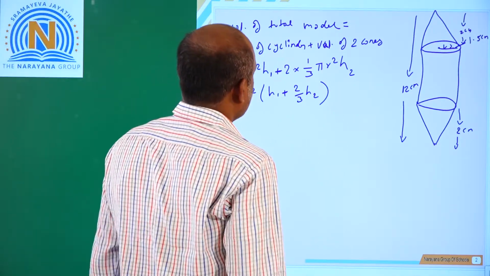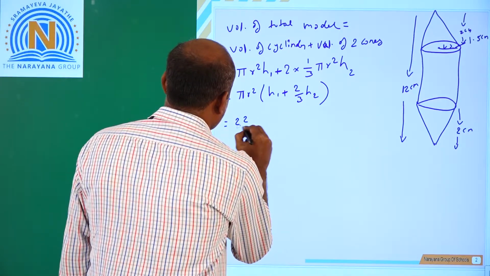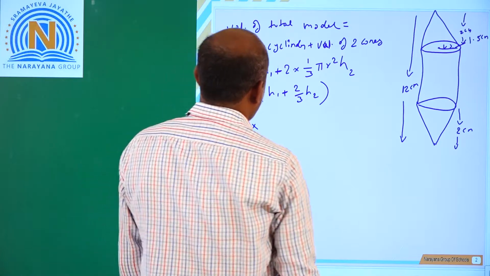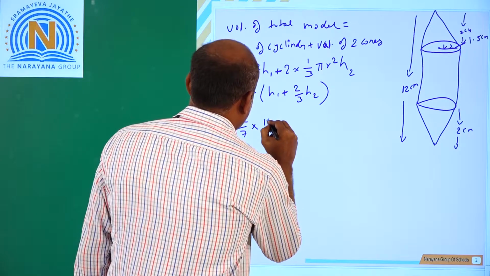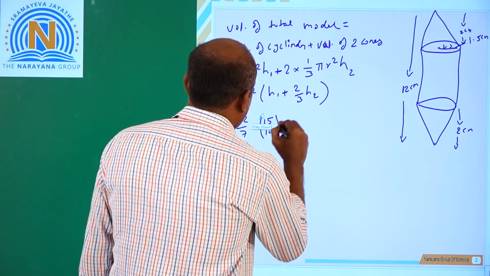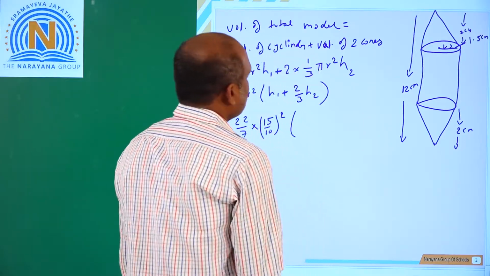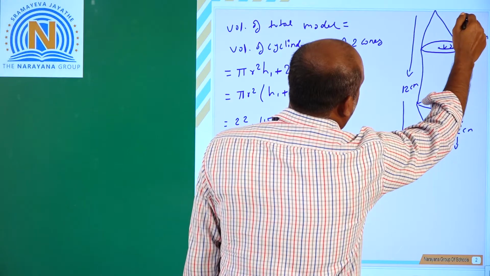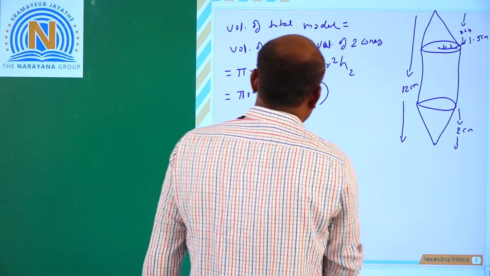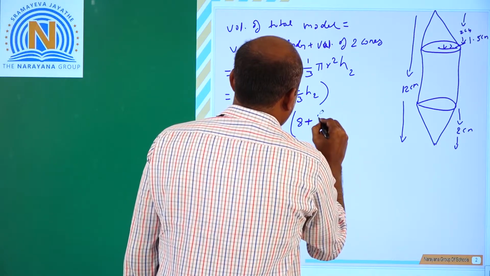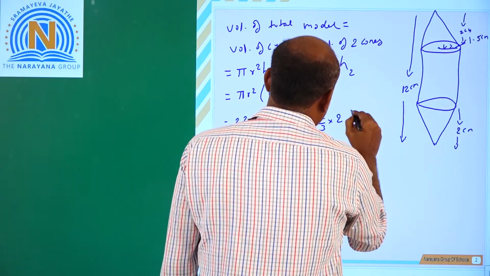Pi is 22/7 into r, radius is 1.5 centimeter, that is 15/10 whole square, into h1, the height of the cylinder. The total is 12, and the two cone heights are 2 and 2, total 4. 12 minus 4 is 8. So 8 plus 2/3 into h2, where the height of the cone is 2 centimeters.